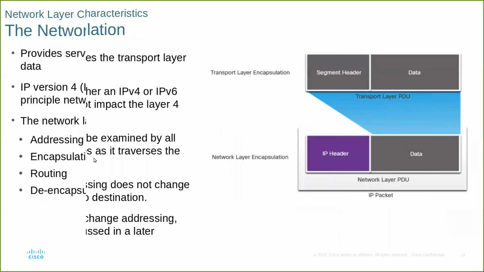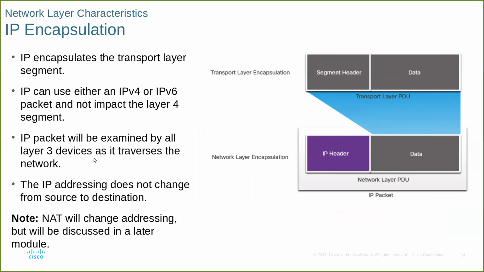So this is the IP encapsulation. It encapsulates the transport layer segments. If you look at the layers, from the transport layer you go to the network layer. So whatever is handed over by the transport layer is going to be encapsulated by the network layer.